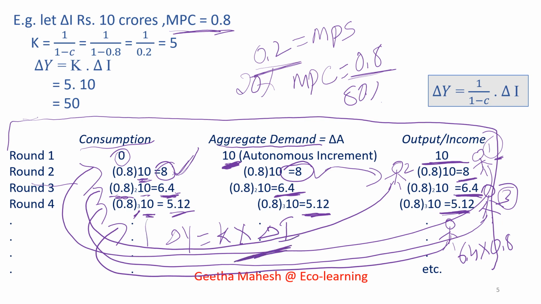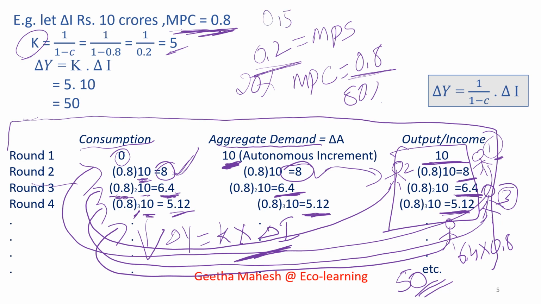That means this process will continue till the total output, if we add, ends at 50 crores, because the marginal propensity to consume is higher here. The multiplier value will be 5. In the previous example we took 0.5 and the multiplier value was 2, very less.